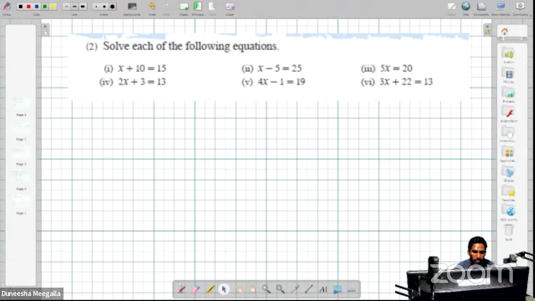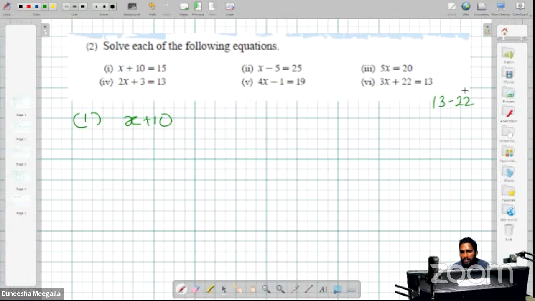I'm solving the questions. Sir, the last one, 13 minus 22. Do not take 13 from 22. 22 minus 13 minus 22, how do we take it, sir? 13 minus 22 is a minus value.